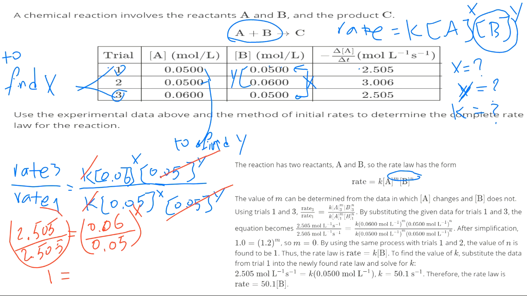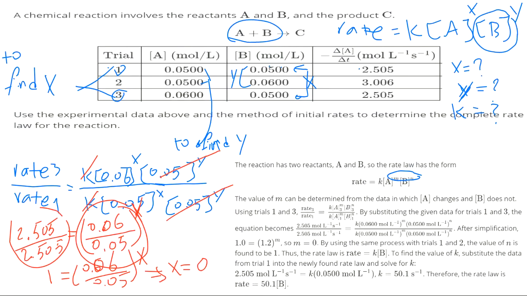So you can do this calculation and then say to the power of X equals 1, or you just say this fraction, whatever it is, because it has been raised to a power that results in 1, then 1 equals 0.06 over 0.05 to the power of X. As a result, x equals 0. So that's how you find the value for x, 0.